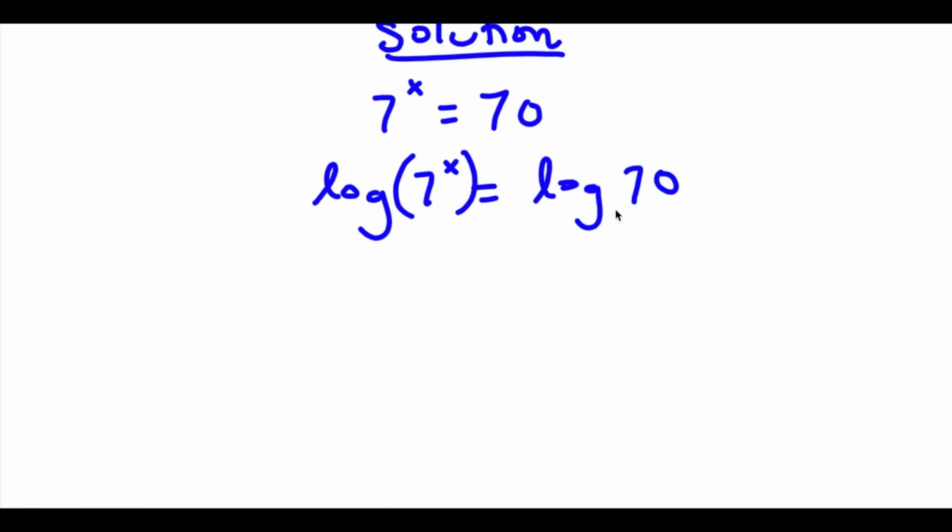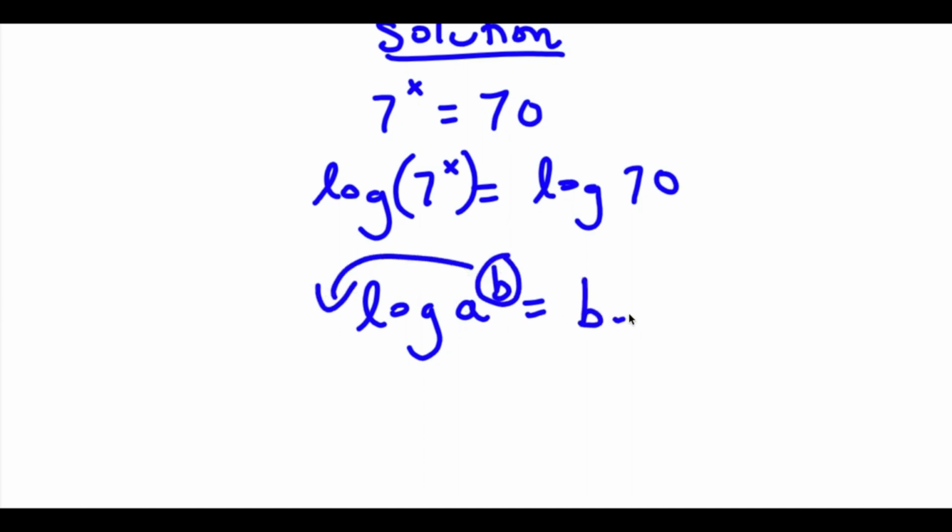And now an important property of logarithms is that if I have something in the form log a to the power of b, I can actually move this exponent b to the front of the logarithm. So in this case, this would equal b times log a. And the reason why this property is so important is because in this case, x here is an exponent, right?